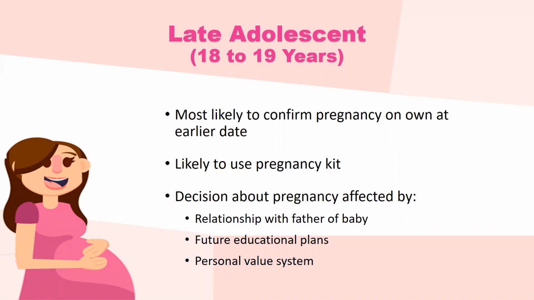Most likely, they're going to confirm the pregnancy on their own at an earlier date before they present to the healthcare system. And you'll see an increased acceptance and awareness of the consequences in this age group.